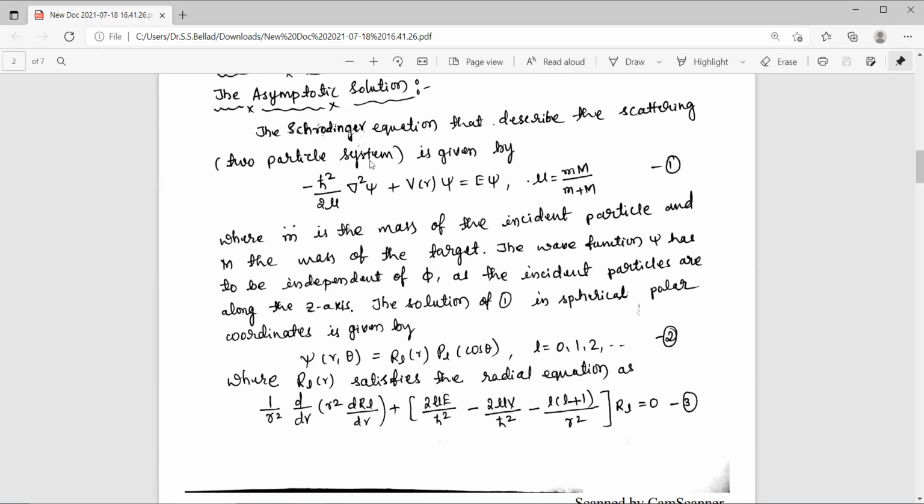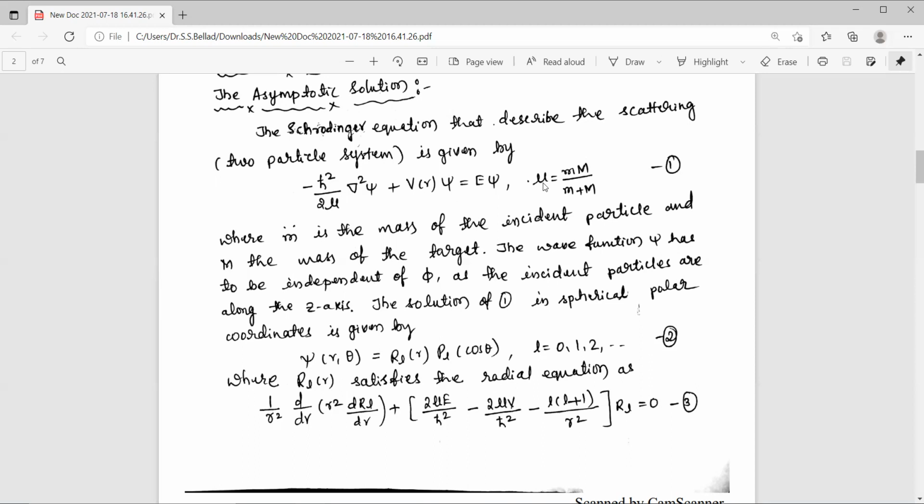For a two particle system, the Schrodinger equation is given by this equation, which is minus h-bar square divided by 2 mu into del square psi plus V of r psi is equal to E psi, where this mu here is equal to small m into capital M divided by small m plus capital M.